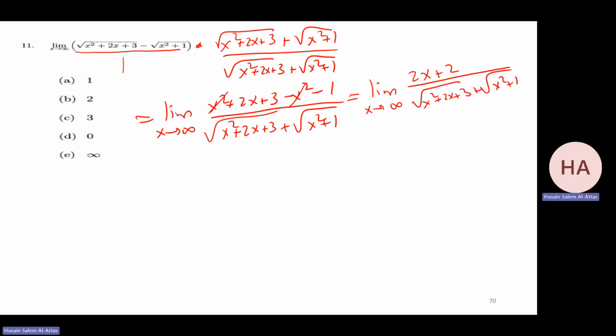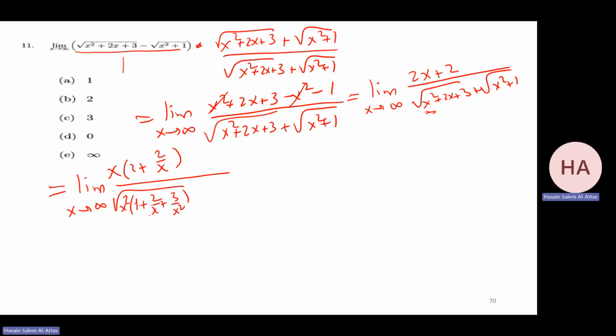Now, I think it still needs more calculation. The limit as x goes to infinity. Here I take x, 2 plus 2 over x, over, and I take x squared as a common factor. You have 1 plus 2 over x plus 3 over x squared, which goes to 0, 0, 0. Plus take x squared as a common factor. We have 1 plus 1 over x squared.